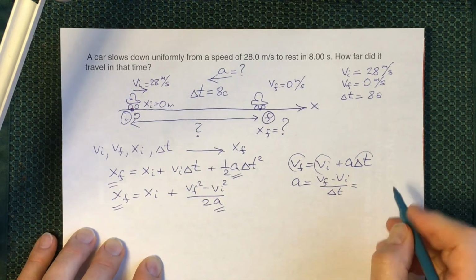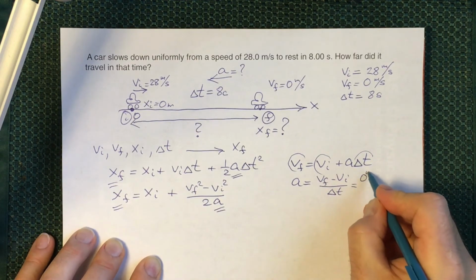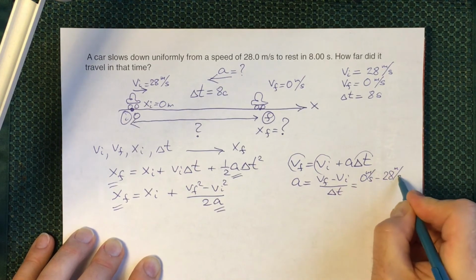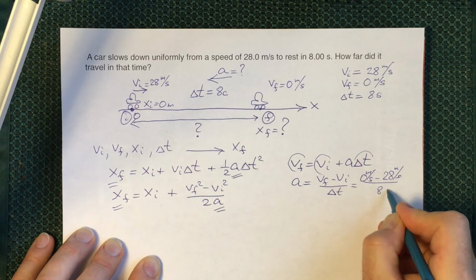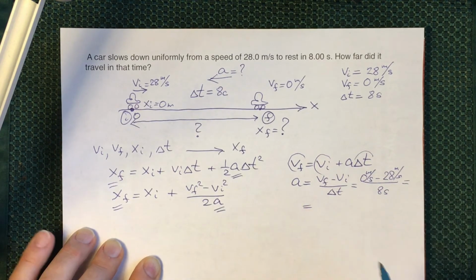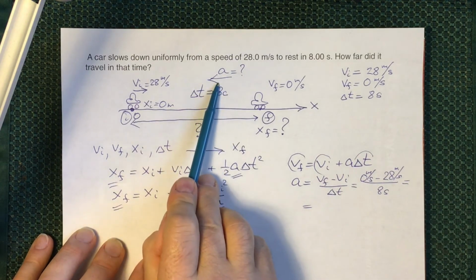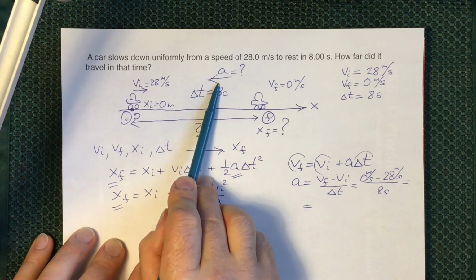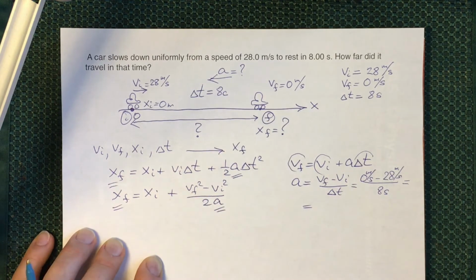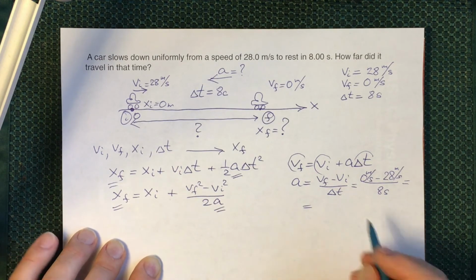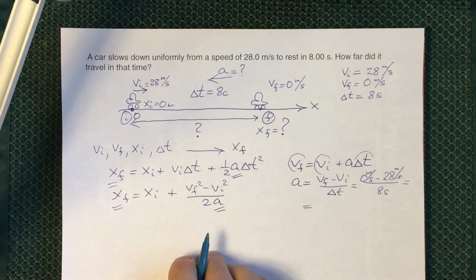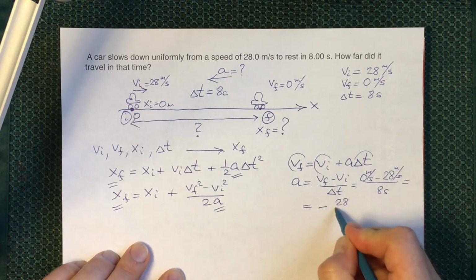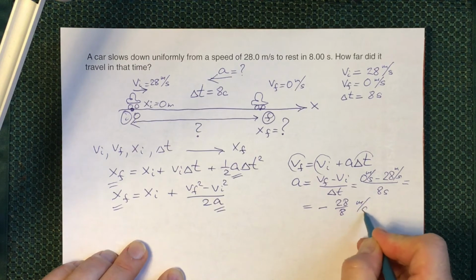If you put in your numbers, you will have 0 meters per second minus 28 meters per second divided by 8 seconds. And you will have negative acceleration. Negative corresponds to the picture because the arrow which corresponds to the direction of acceleration is opposite to the x-axis. So you have minus 28 divided by 8 meters per second squared.